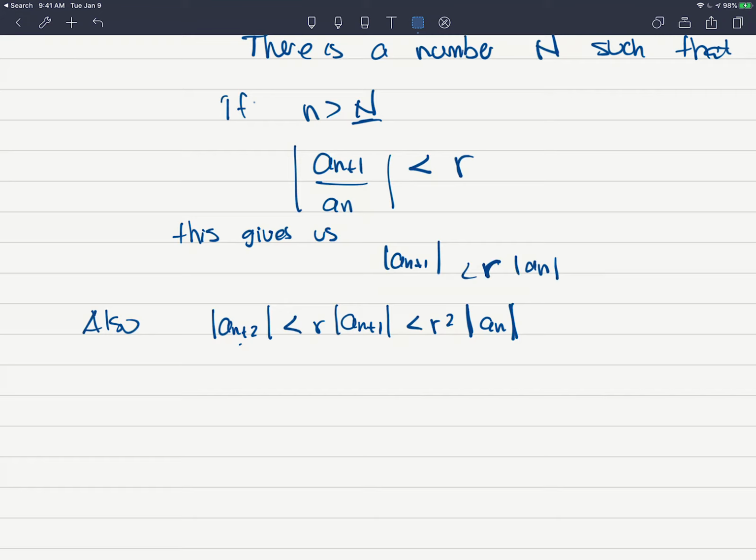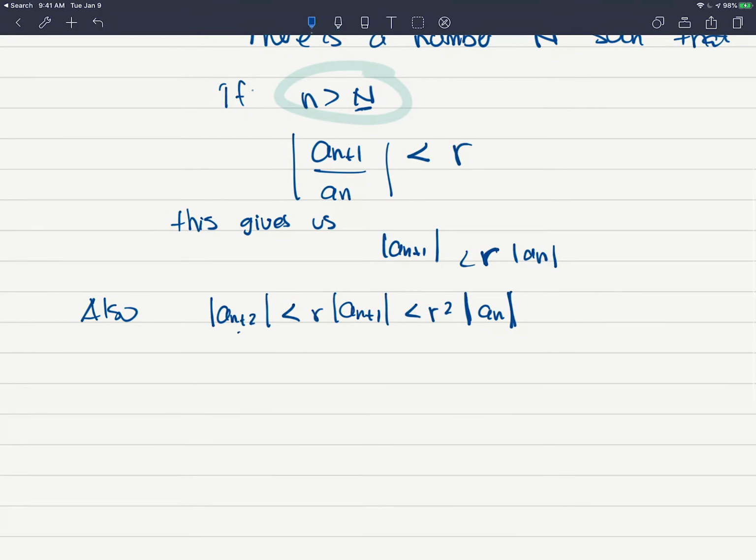This is for all n bigger than that special N that we got, right? So keep going, and I really have that a_{n+k} is less than r to the power of k times a_n, right?